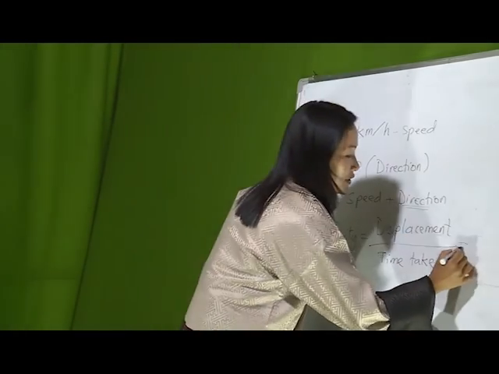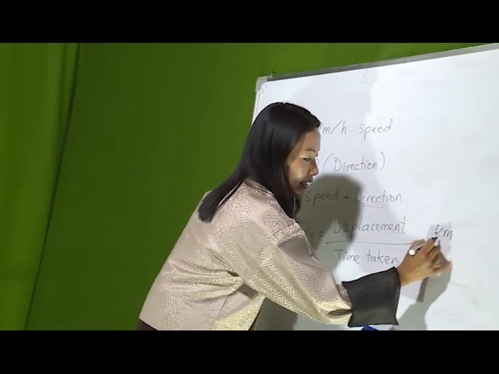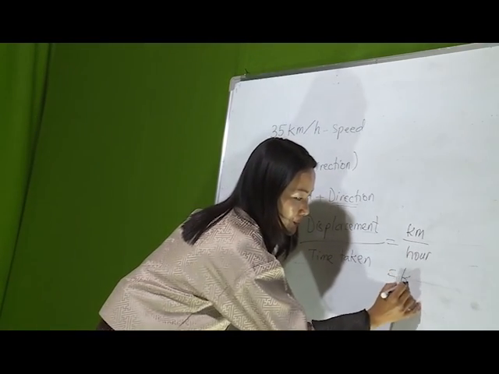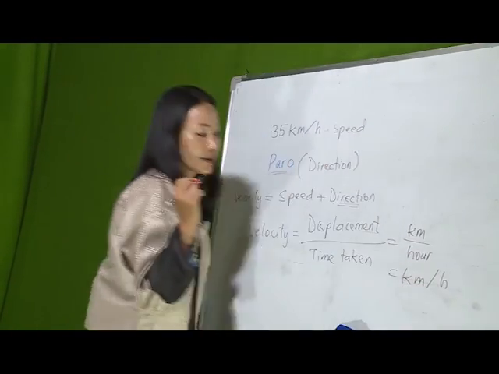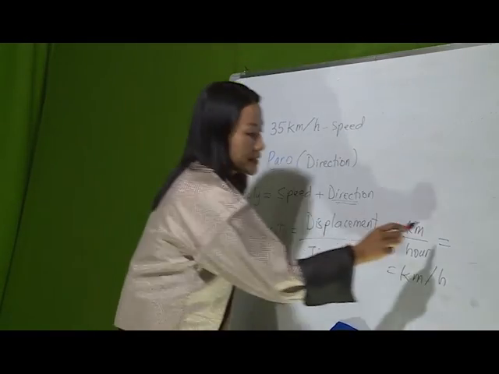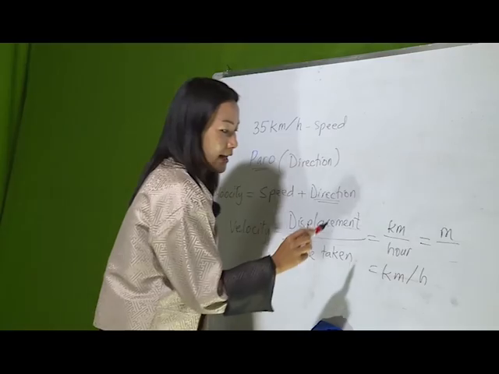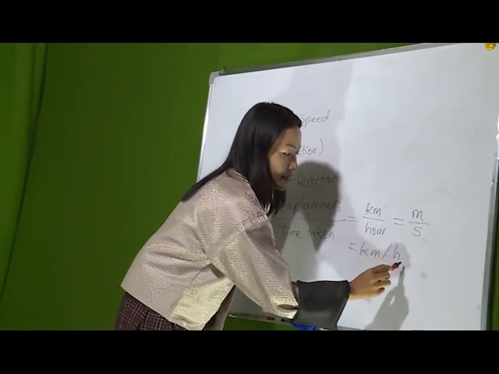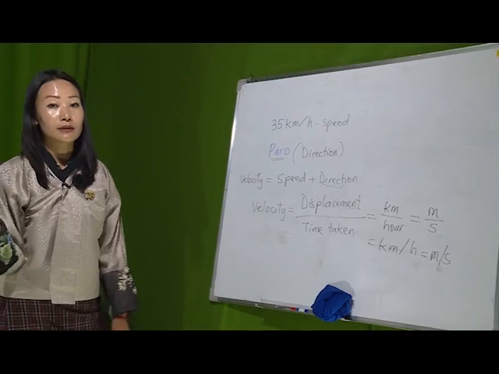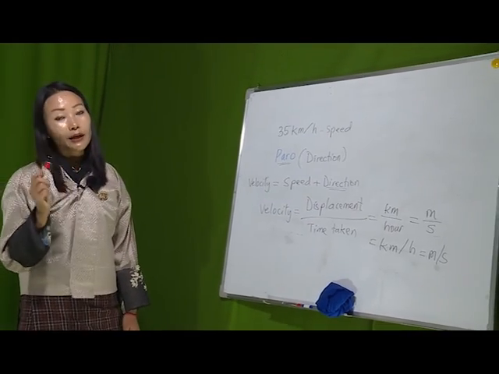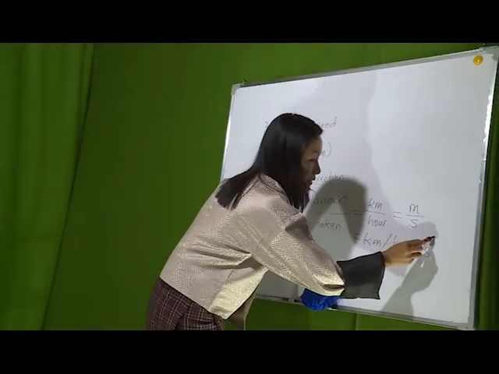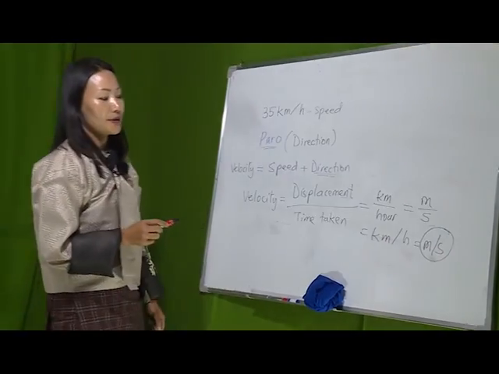Now, if you measure the displacement in kilometer again and time taken in hour, then the unit becomes kilometer per hour. Likewise, if you measure the displacement in meter and the time taken in second, then the unit becomes meter per second. And can you guess what is the SI unit for velocity? Yes, the SI unit for velocity is meter per second.